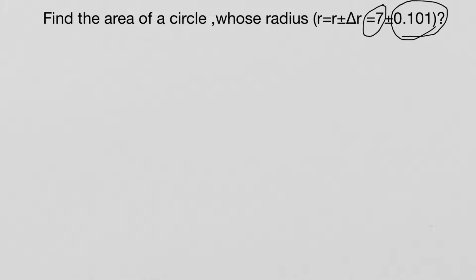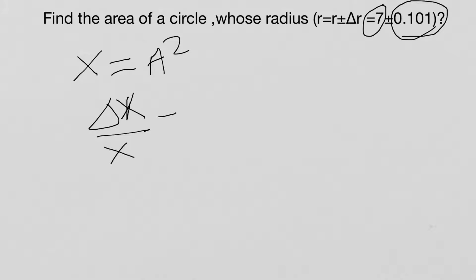So suppose a square is there, so always remember this rule for square. Suppose it is given like this: s equals a square. So the formula becomes delta x upon x equals plus or minus, because it is a tolerance value, 2 delta a by a.